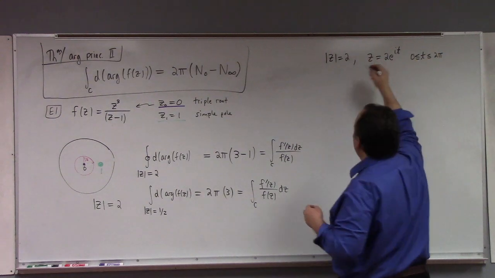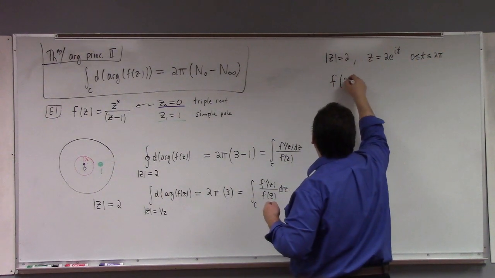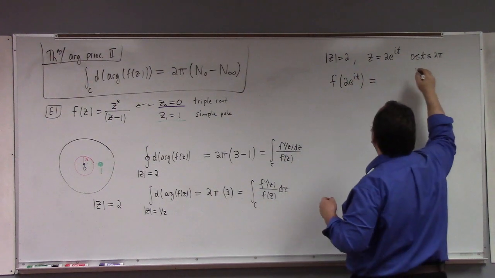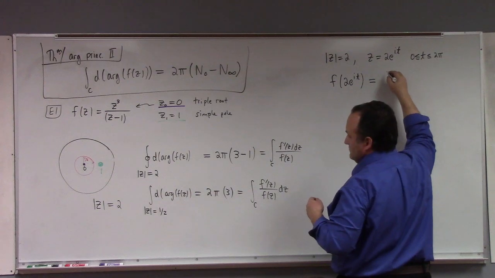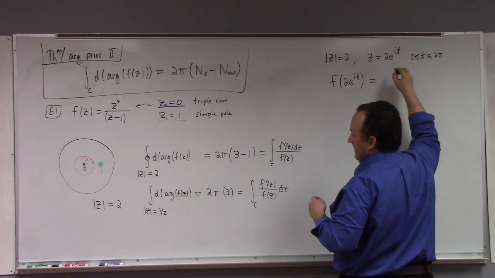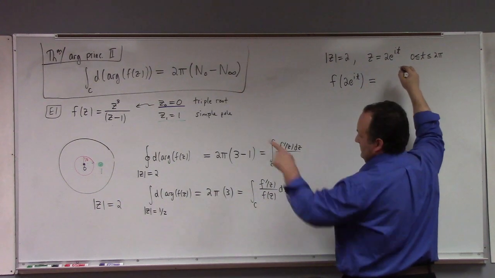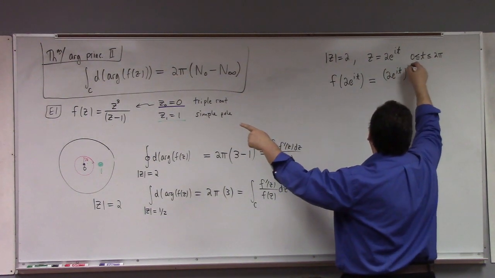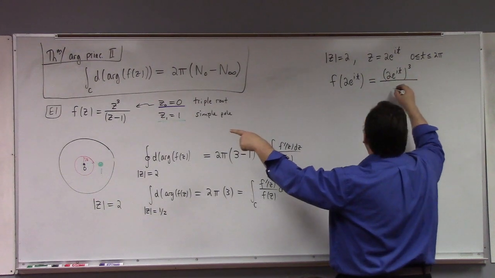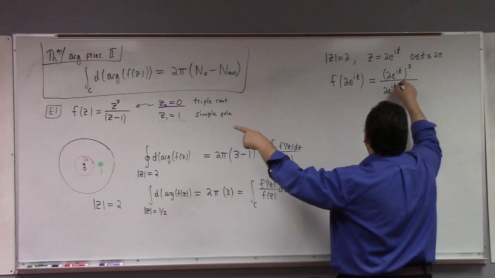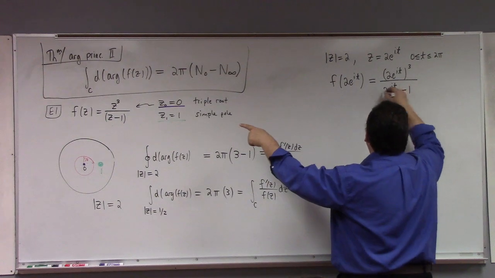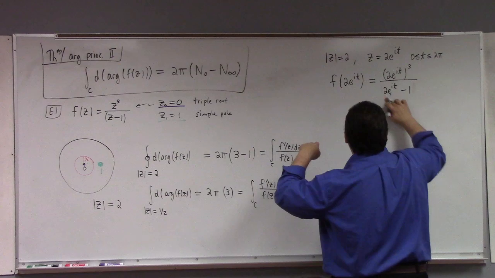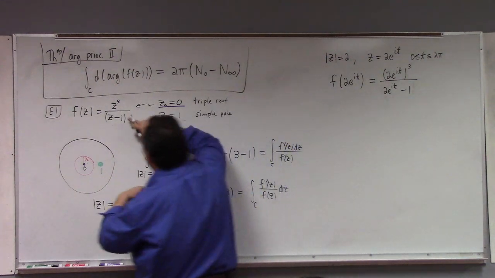And so if we look at f of 2 e to the it, what do we get? We get 2 e to the it, cubed, divided by 2 e to the it minus 1. Oh, I don't need parentheses down here.